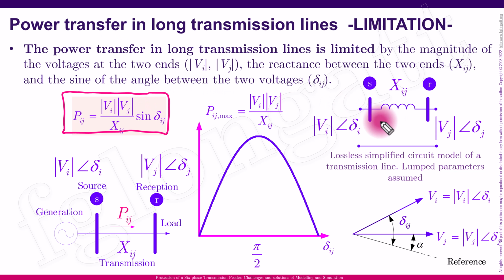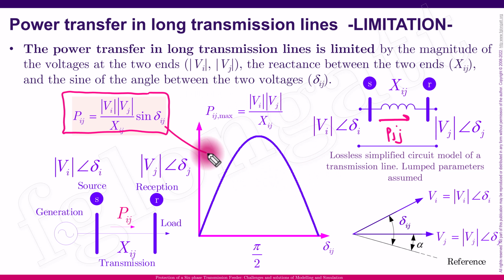The power flow moving through the reactance depends on the magnitude of the voltage at both ends, the reactance between the two terminals, and of course the sine of the angle between those voltages.